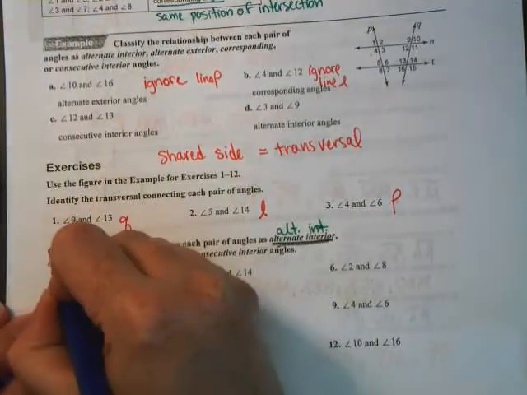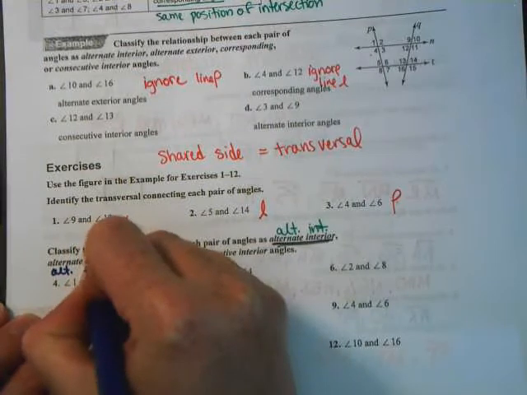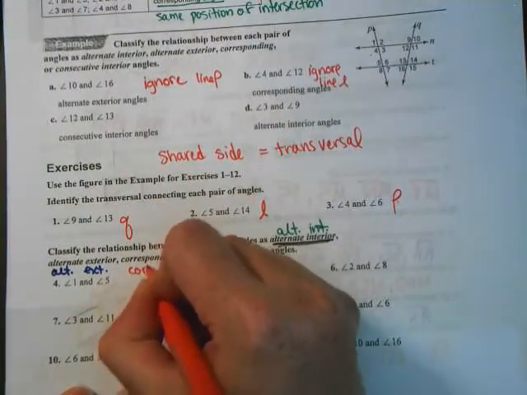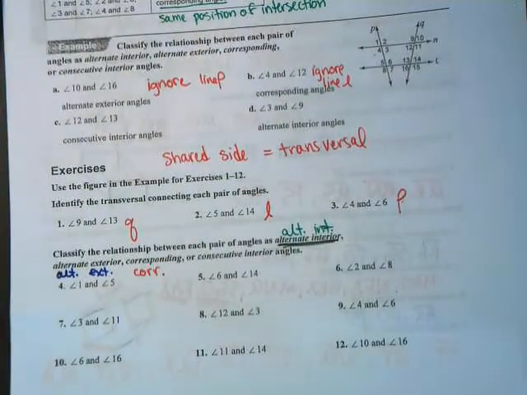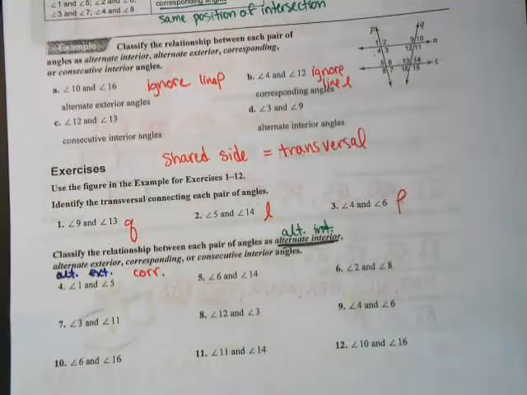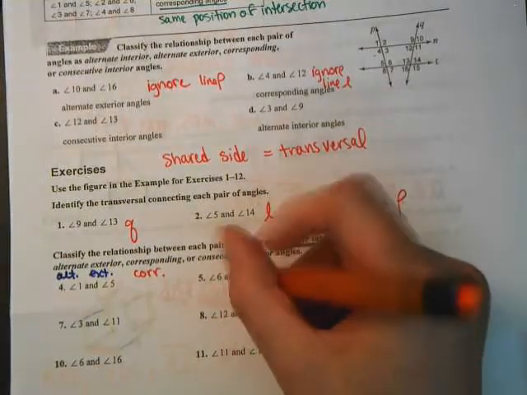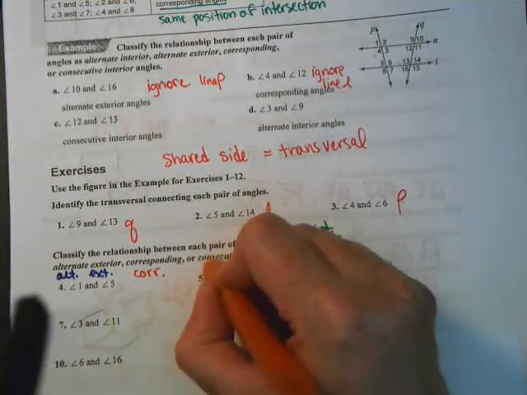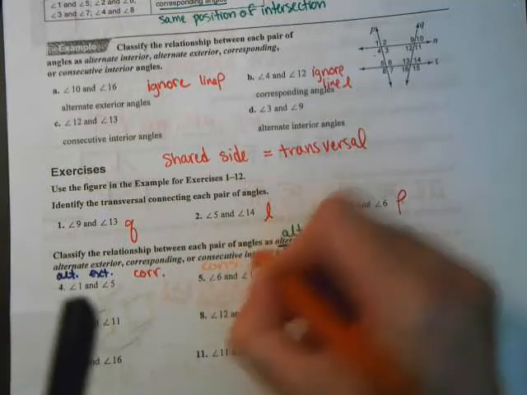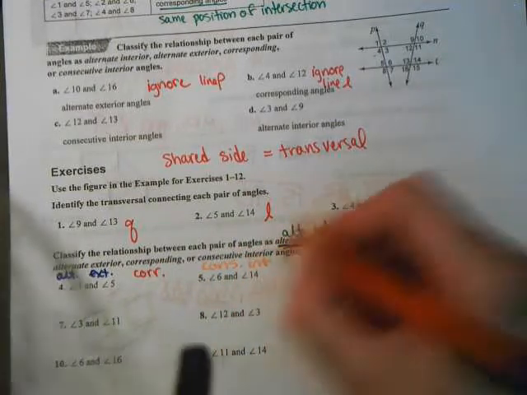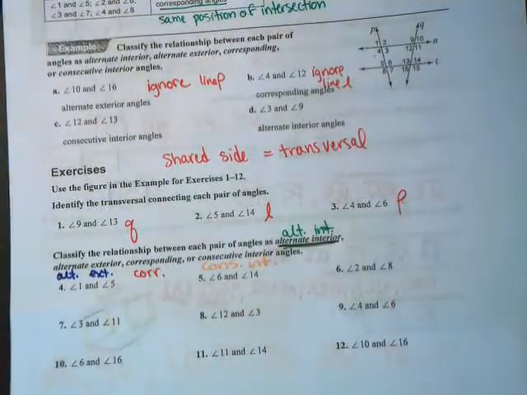Alternate exterior, so Alt-Ext, we'll do in blue. Corresponding is the one, so C-O-R-R is fine for corresponding. That's what we'll do in red, and then we'll do consecutive interior, Int. Okay, we'll do an orange.